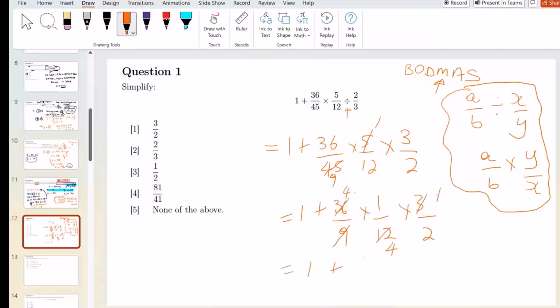So I've got 4 over 8. It's 4 over 8. This multiplied by this is 4 over 8, which is equal to 1 plus 1 over 2. So when you divide this is going to be 1, here is 2. So you're going to have 2 plus 1, which is 3 over 2.